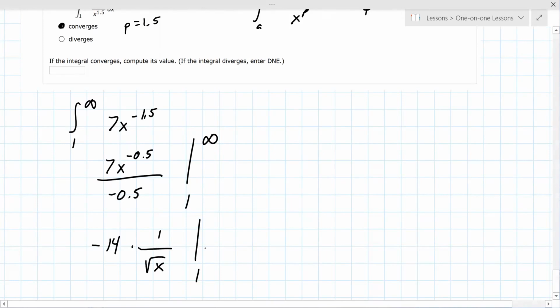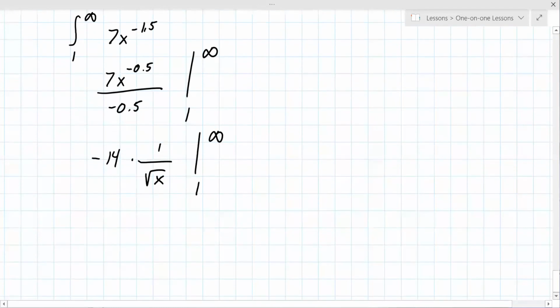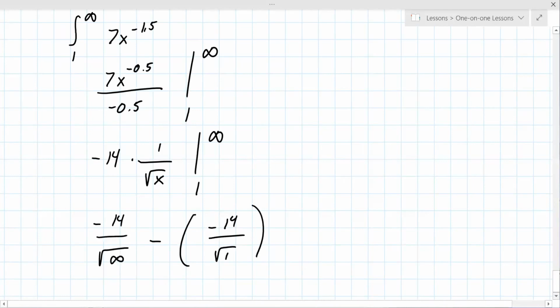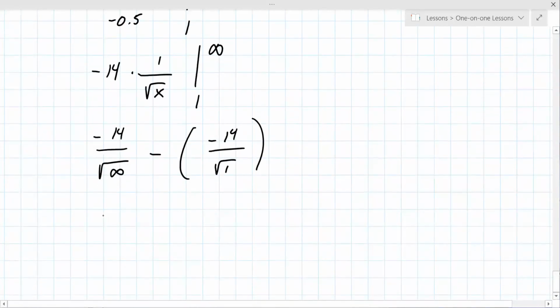And we're going to evaluate that from 1 to infinity. So this is minus 14 over the square root of infinity minus minus 14 over the square root of 1. The square root of infinity is infinity. Minus 14 over a really large number is 0. So that takes care of that. Two negatives make a positive, so 14 over square root of 1, so plus 14. So this equals 14.